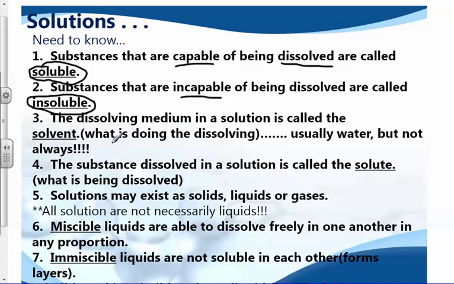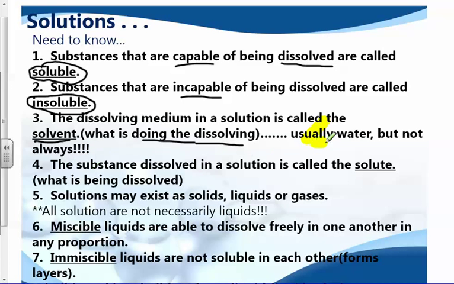Number 3, the dissolving medium in a solution is called the solvent. This is the one that's doing the dissolving. Okay. And I'm going to get a highlighter here. And so usually, but not always, we have that as water. You know, water is a great dissolver, but sometimes it doesn't dissolve everything.